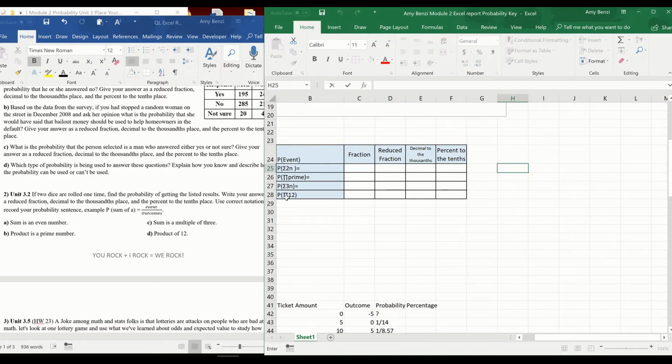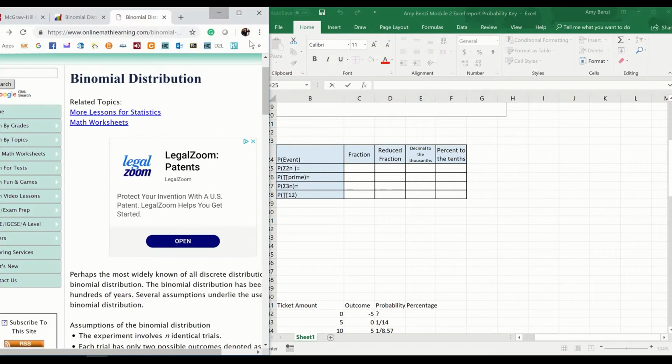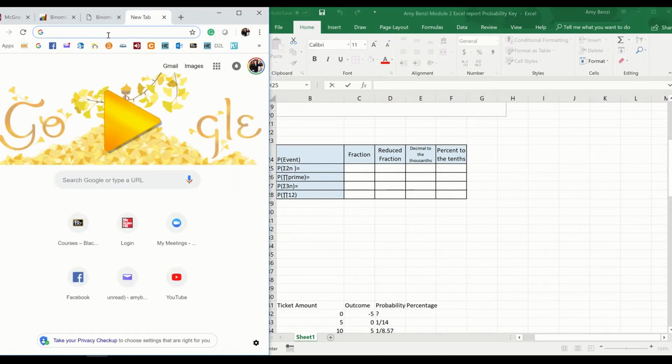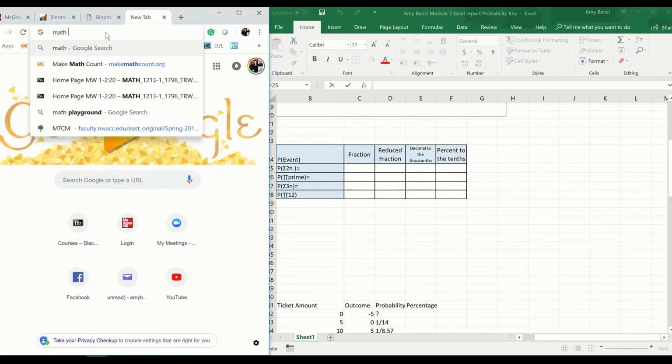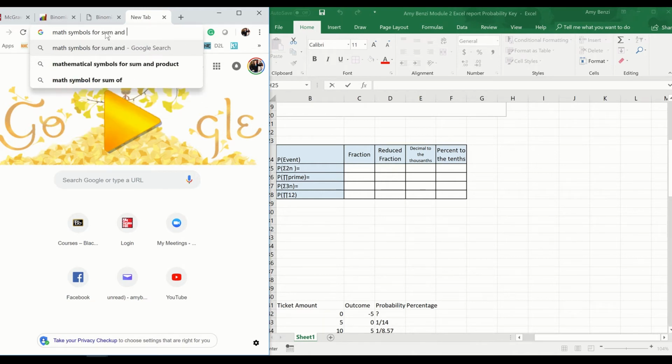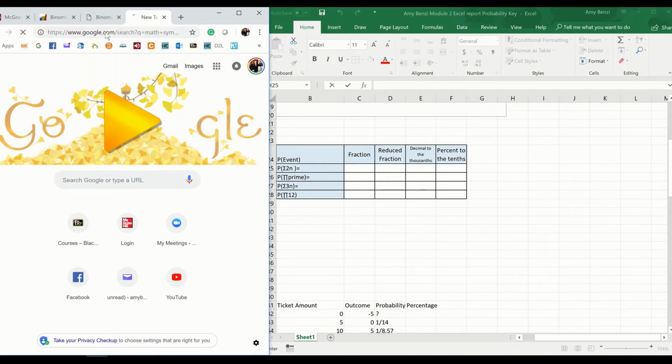You guys see these weird symbols over here? Well, the sum symbol, if you look on Google, you can see that I have math symbols for sum and product.